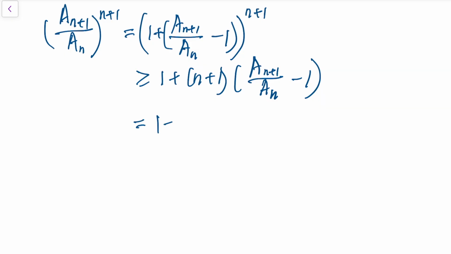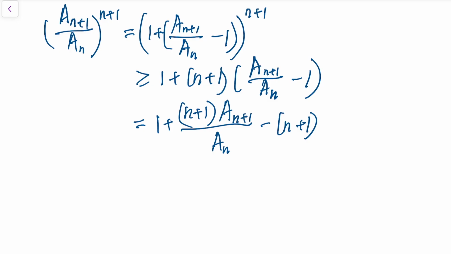And this is equal to 1 + (n+1) An+1 over An minus (n+1). This is equal to 1 + (n+1) An+1 over An minus n minus 1.